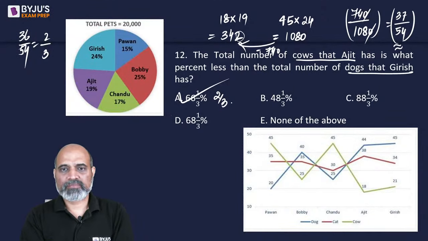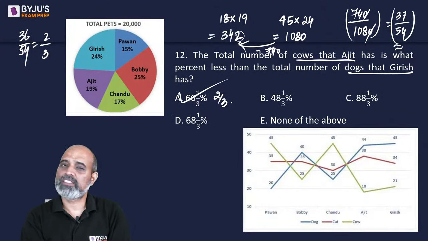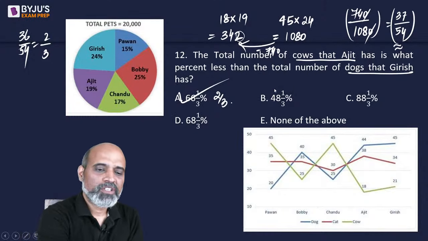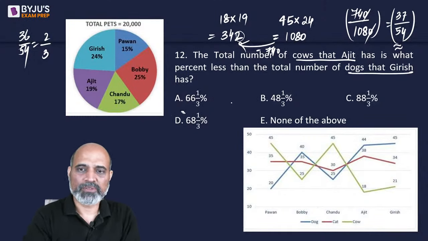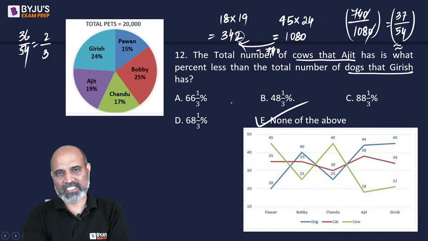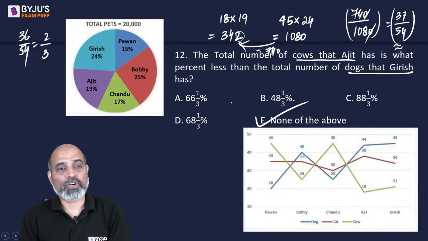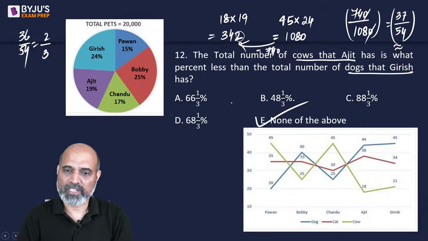And, 360 would have been exactly 2/3, right? 360 is 1/3 of 1080. Since this is 342, तो ये 2/3 से तो कम ही होगा. नहीं लेते risk. We are pretty sure कि exact वो तो नहीं है. So none of the above. Since the question doesn't say approximate, so we can completely ignore doing approximation. नहीं करते approximation.